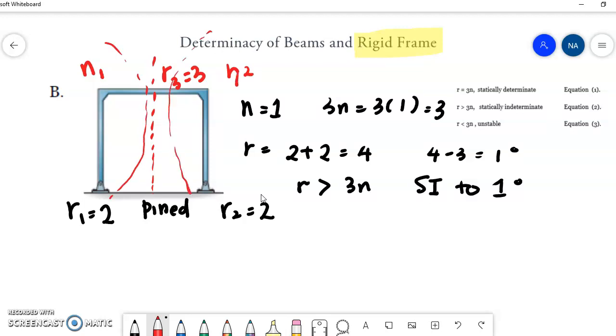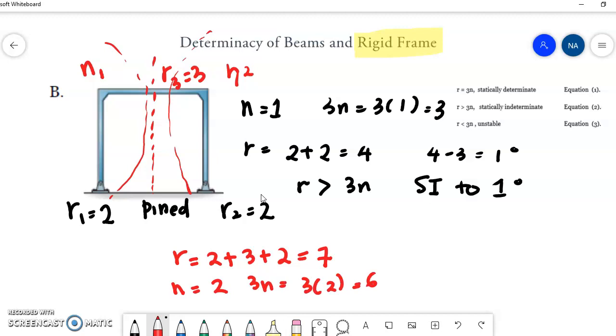For this case, if we did a cutting loop, the answer will have 2 plus 3 plus 2, which is 7 reactions, and number of n is 2, so 3n is 3 times 2 equals 6. So we still have that R is greater than 3n, which is statically indeterminate to 1 degree.